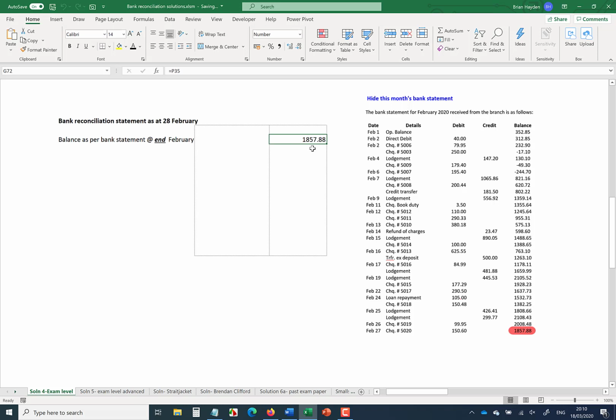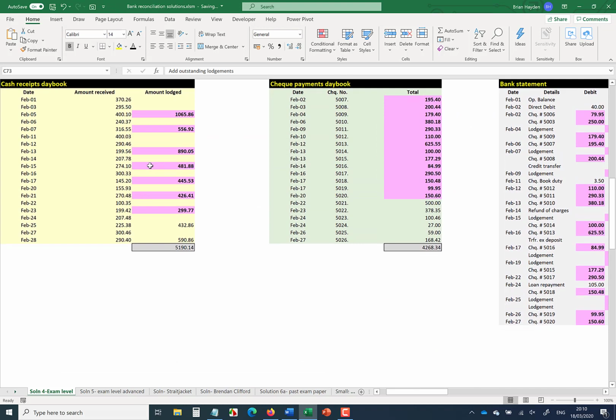And then we adjust that for any items unmarked on the cash receipts book or the check payments book. So let's have a look at these. First of all, I'll do the cash receipts. These two items here are unmarked.